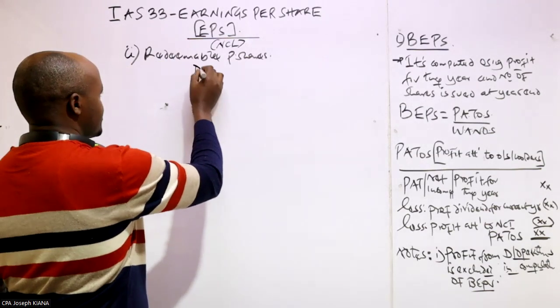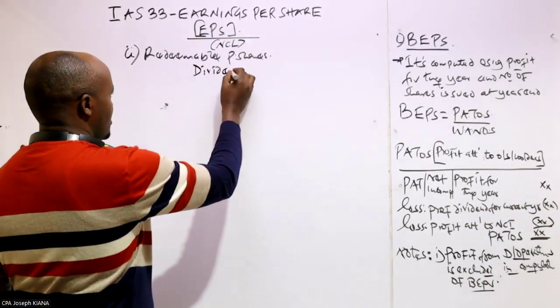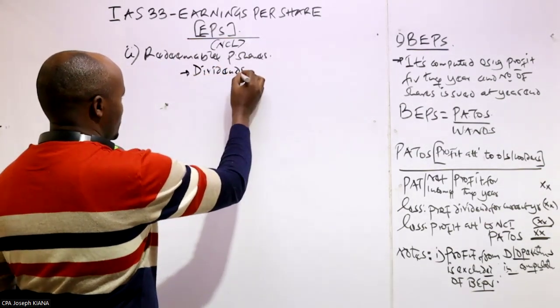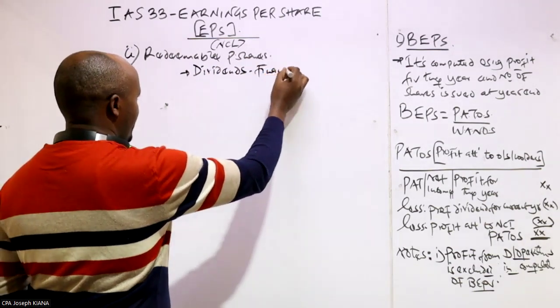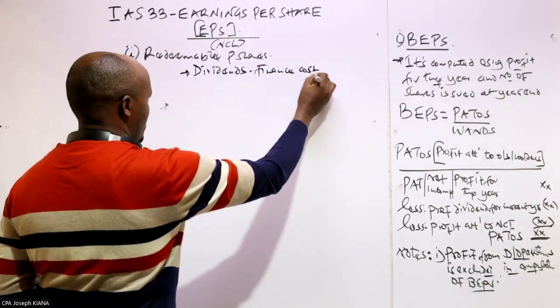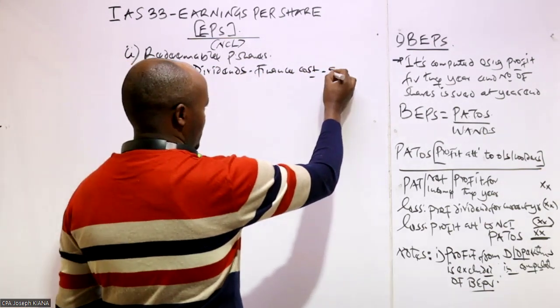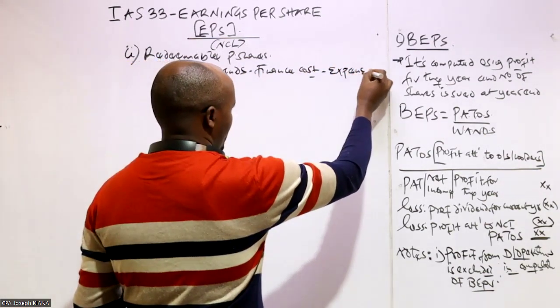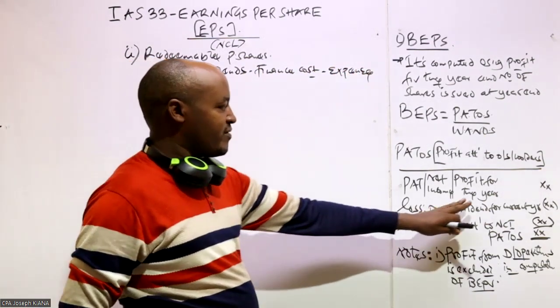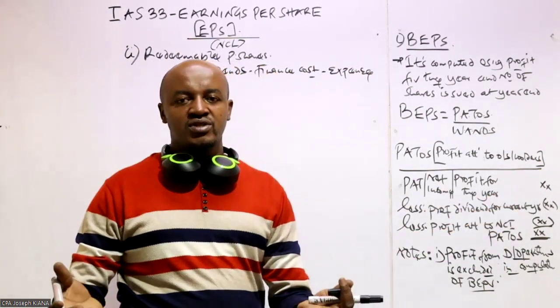And therefore, the dividends for these preference shares are classified as part of the finance what? Cost. And we know finance cost is an expense to the company. So in arriving at this profit for the year, this finance cost has already been deducted.